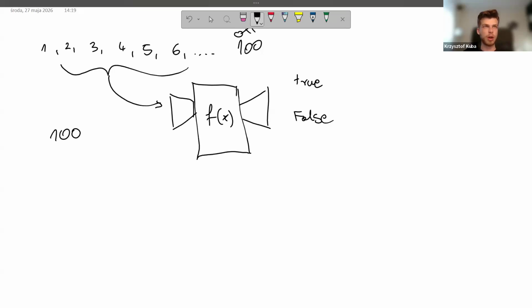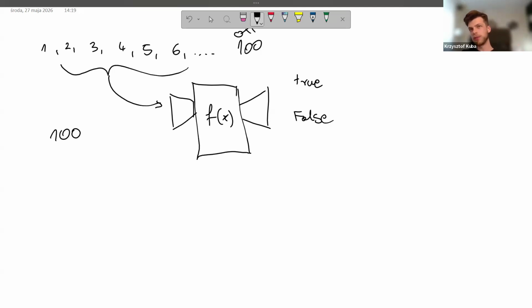So let's say there is 1 query, there is square root of n queries, and log of n. I see that some of you already know what the answer is. And yes, the correct answer is square root of n.